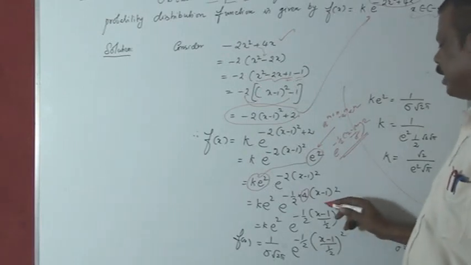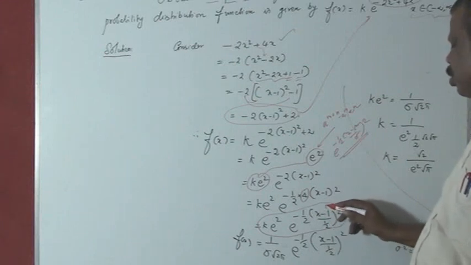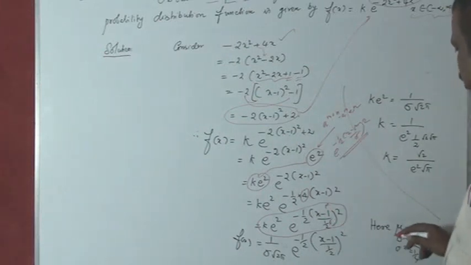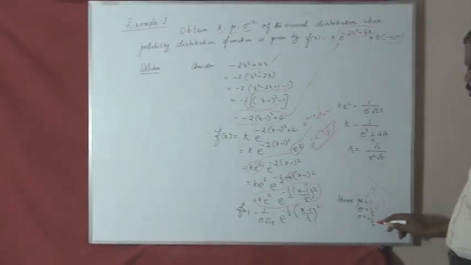Now we have written this function in the form of e power minus 1 by 2 x minus mu by sigma. Here therefore mu is equal to what? 1. Sigma is equal to what? 1 by 2. What about sigma square? It is 1 by 4.